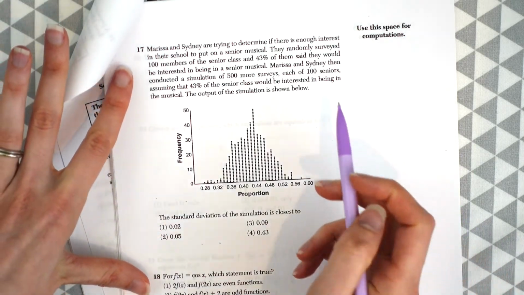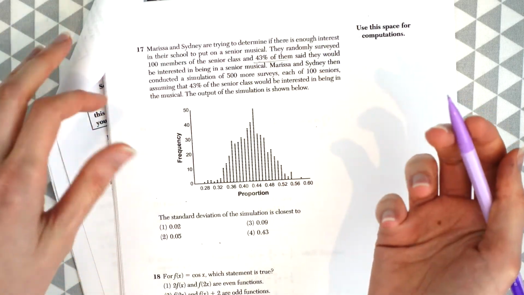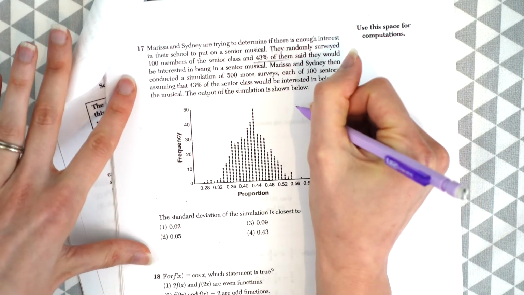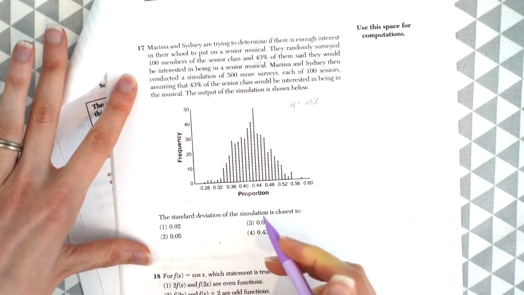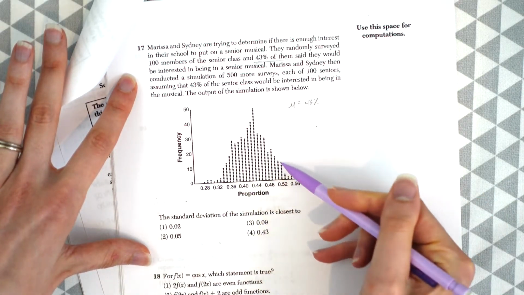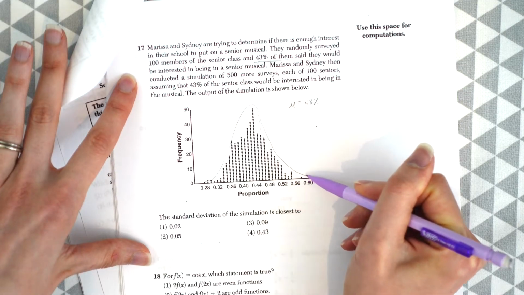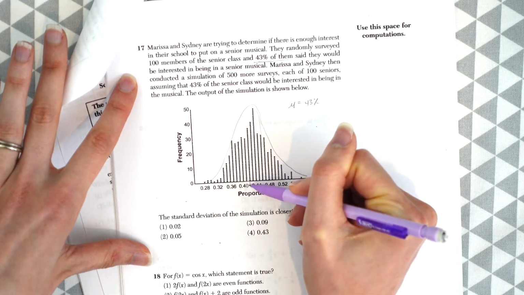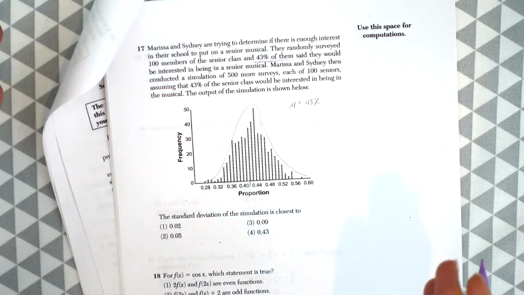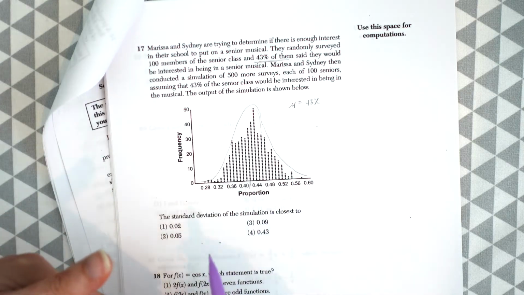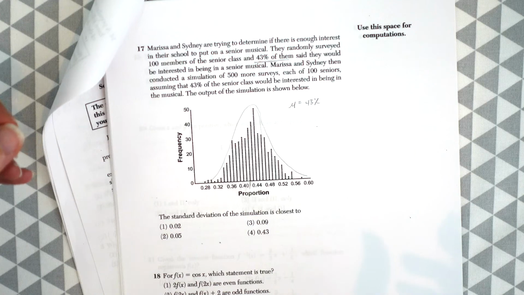So here they're saying that 43% are interested, so we say that this is our mu, our mean. So mu is equal to 43%. If you look at the shape of this graph, it is in the shape of a standard normal curve, where our middle is about 0.43 or 0.44. Because it's already in this shape, each of these values is evenly placed from the mean.